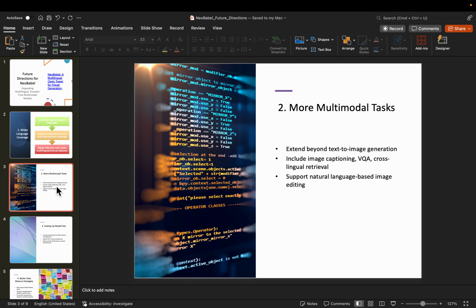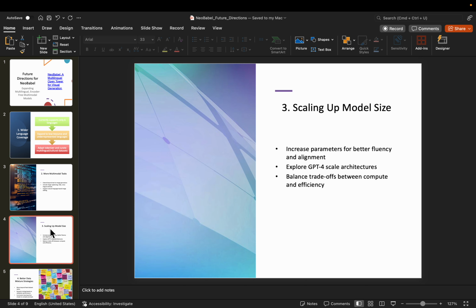And we can use it for cross lingual retrieval: basically we query in a particular language, and based upon that query, the system should fetch the right corresponding image from the database. So a lot of functionality can be added.